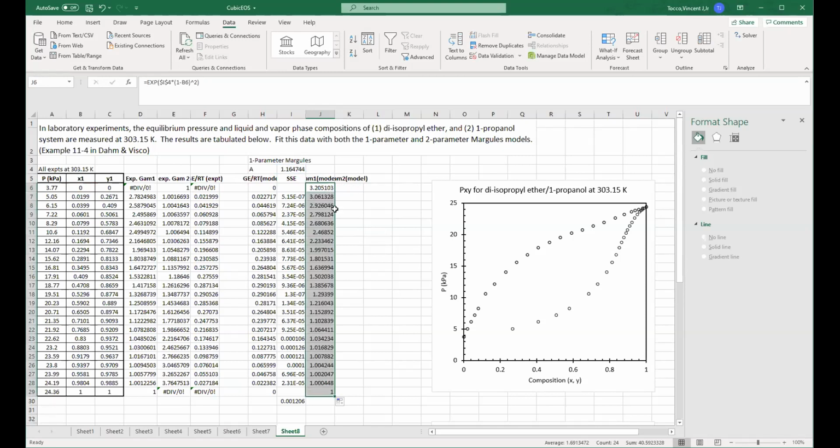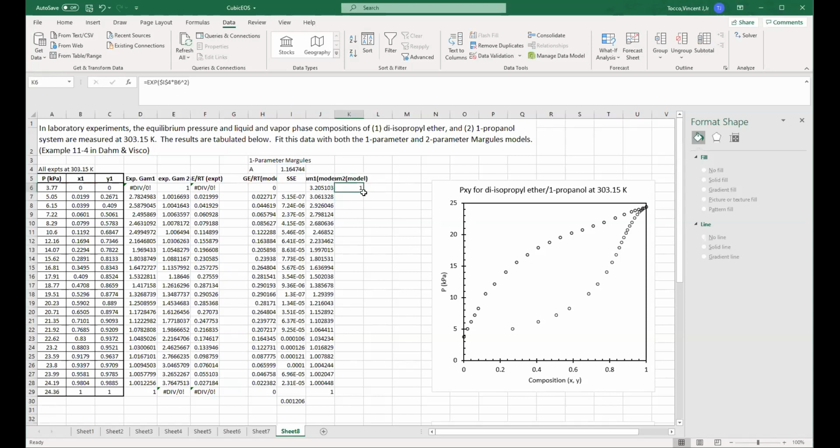Highlight it all the way down. And nice, I've got pretty good agreement between gamma 1 of the model and experimental gamma 1. Next I need to do the same thing for gamma 2, and that is going to be the exponent of the parameter A, dollar-signed, times x1 squared. And copy that all the way down.